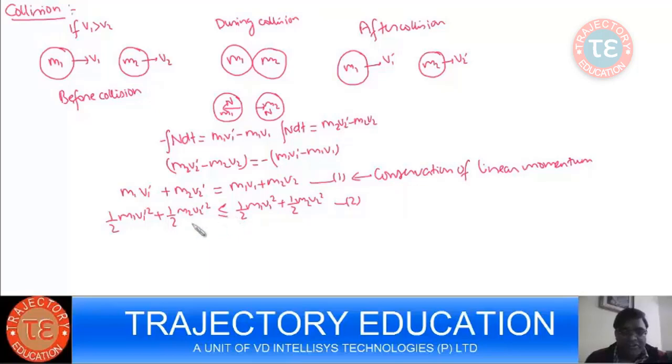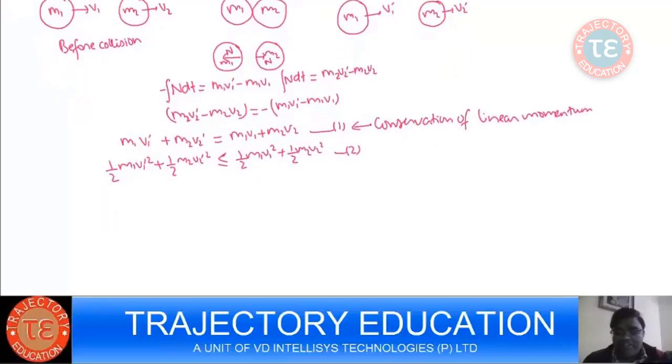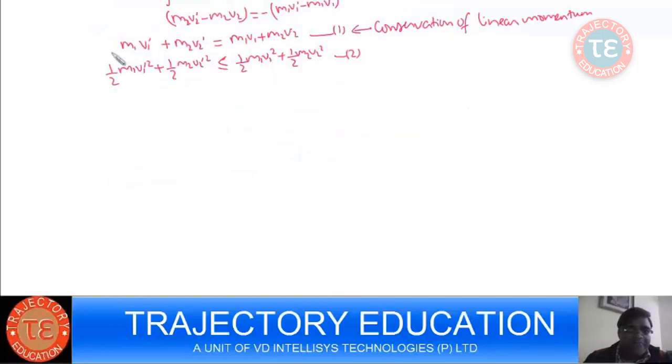If energy is conserved, K is not getting lost, there will be equality over here. If some part of K is getting converted to heat, light or sound, this final K will be less than initial K. So these are equation 1 and 2 in general, right? When there is no conversion of kinetic energy into heat, light and sound, it will be equality. If some K is getting converted to heat, light and sound, then I'll put a less than sign over here.